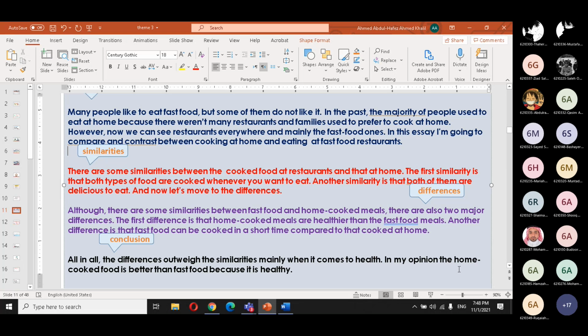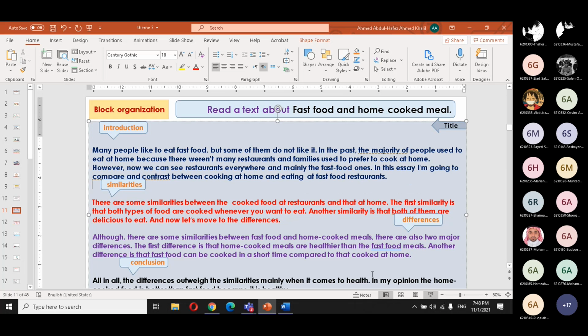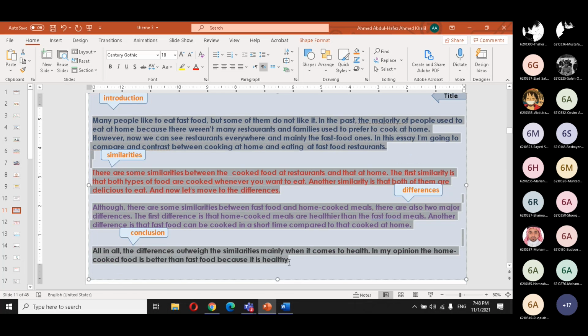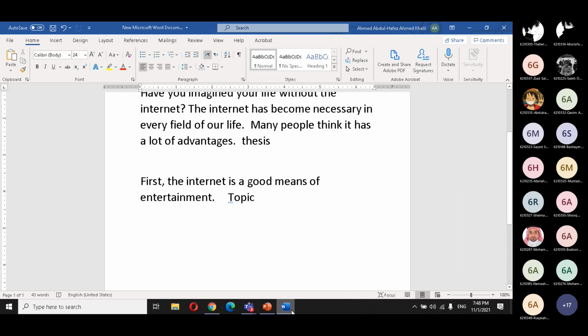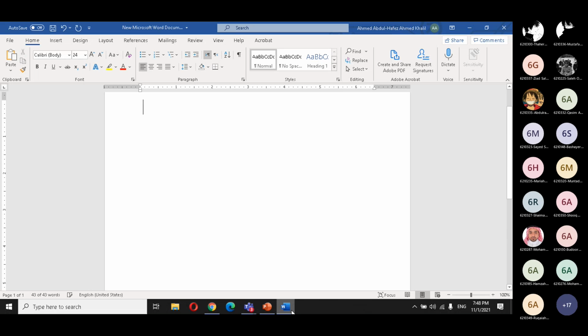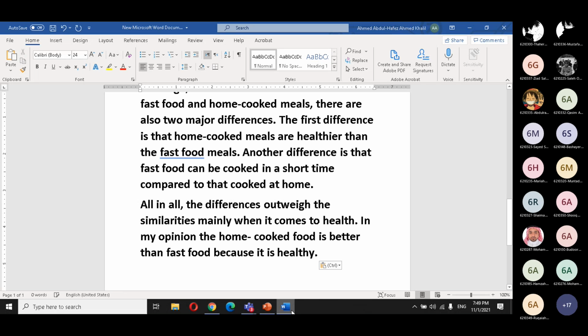Okay. Did you see this essay? Wait, let me show you something. You see, very short. Okay. Look, you can see how many words.